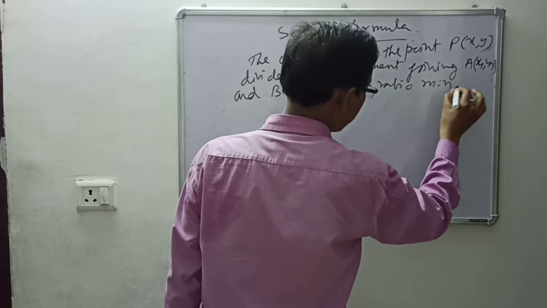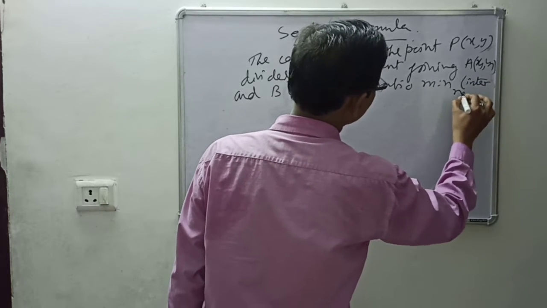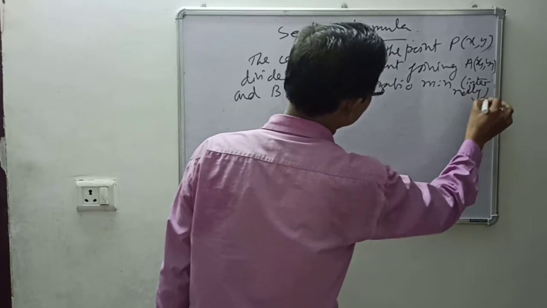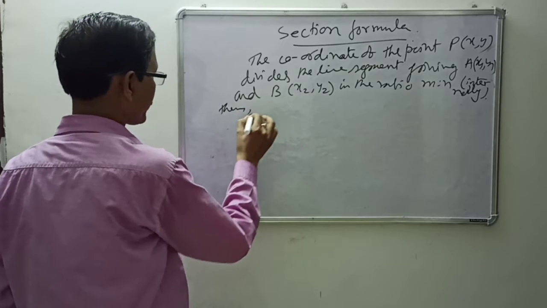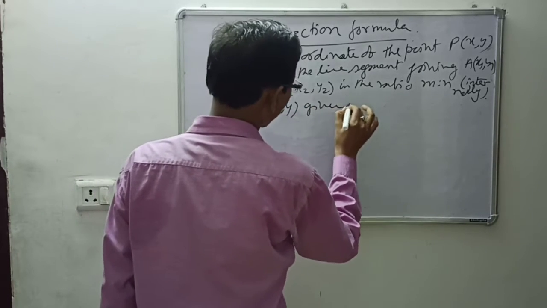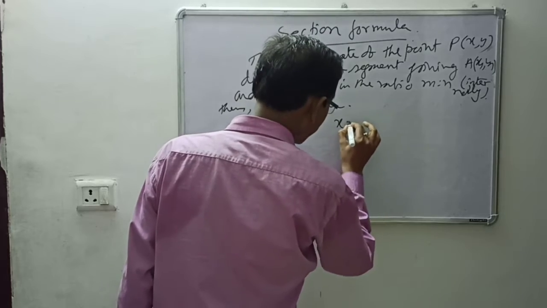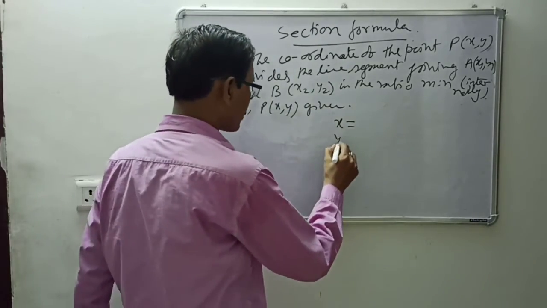m is to n. Here we are writing internally, because in class 11 you will get externally also. Then the point is given by this, you can find x equal to, that is the coordinates x and y we can get.